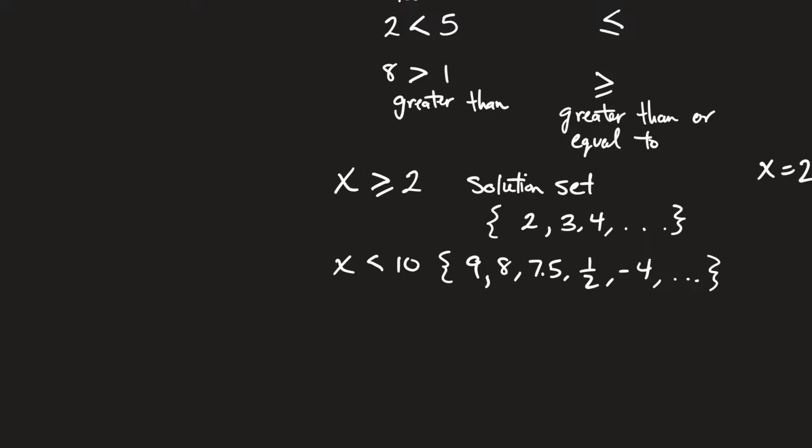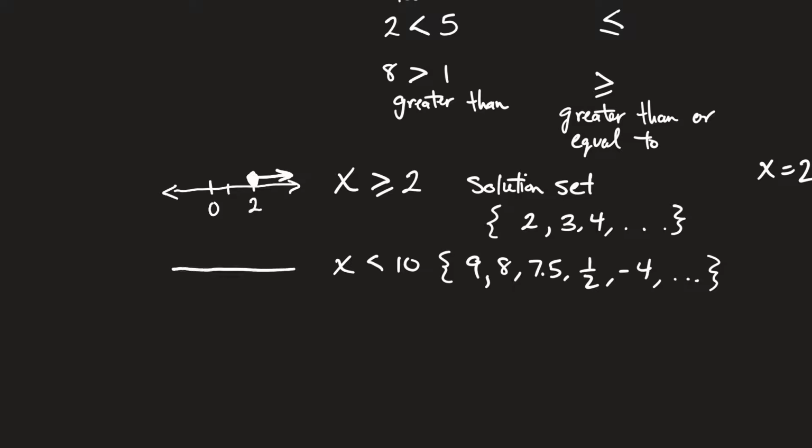And we will also graph these solution sets on a number line. I will draw a beautiful number line right now. I usually have 0 here, and then 2 is over here. The solution set to this is a closed dot. I'm starting at 2, and I'm talking about the numbers greater than or equal to 2. The colored dot shows it's equal to 2, and it's greater than, so I have an arrow.